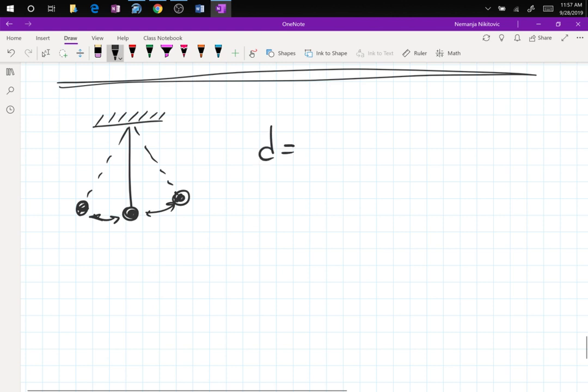The distance covered by the bob at the end of the pendulum is going to be e to the negative a t times, and now my question is, guys, do you want to take this thing, put it here, and then let go, or do you want to flick it? What do you want to do? Flick it? You want to flick it?